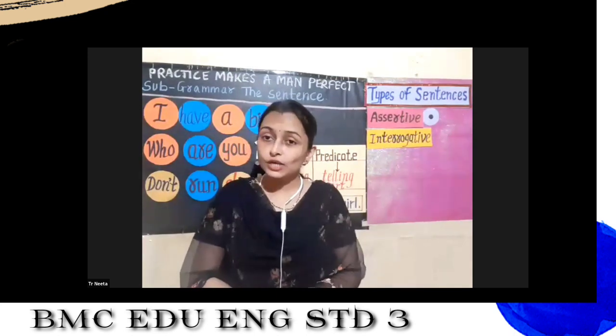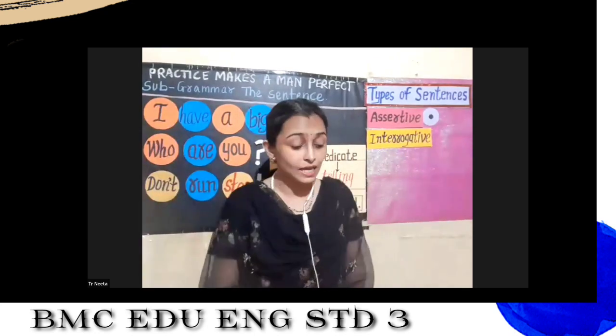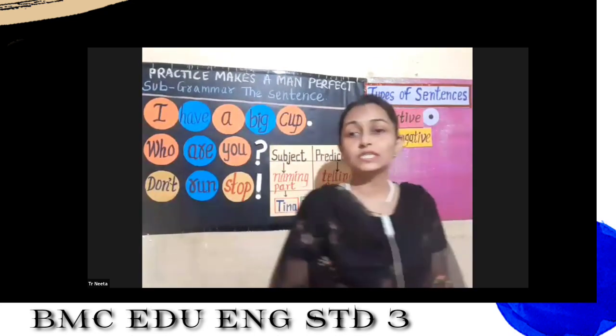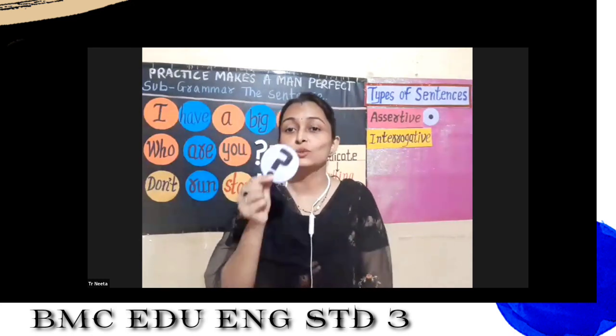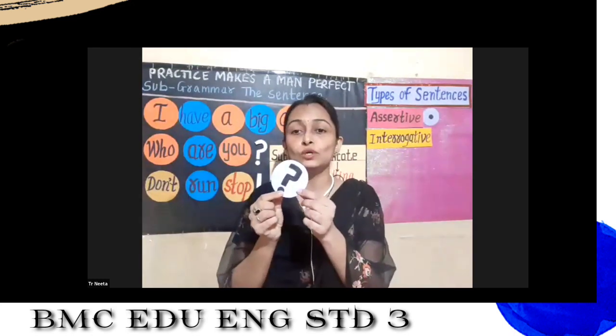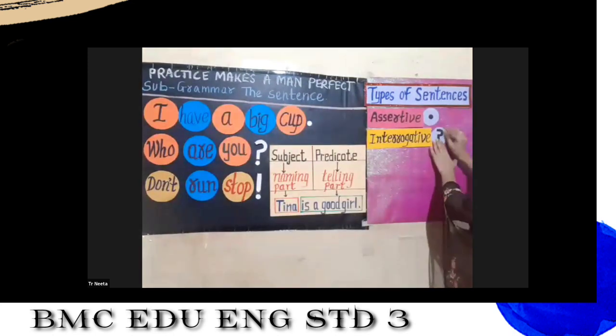For interrogative, every time the first letter should be in capital, and at the end of the statement, we will have to put a question mark. So I'm going to put here a question mark, right?